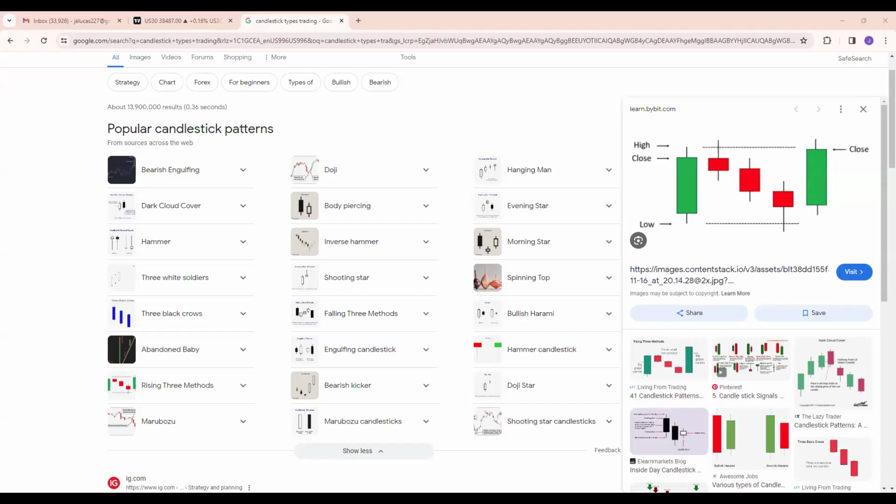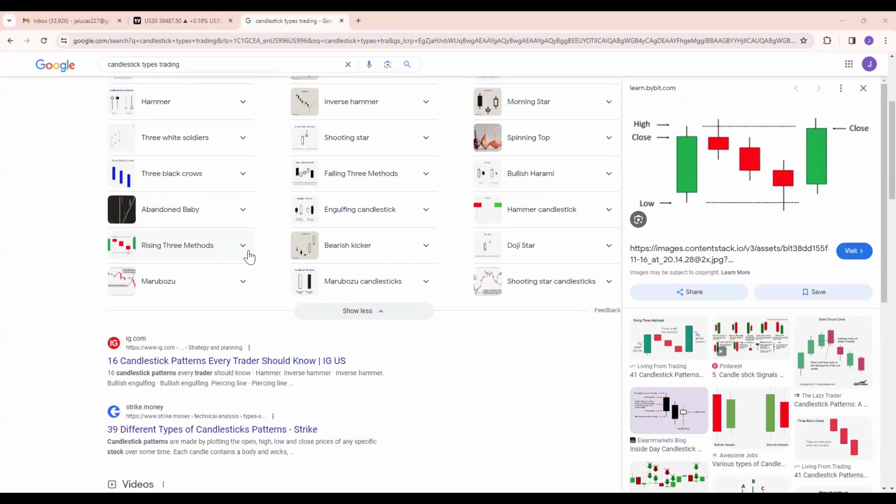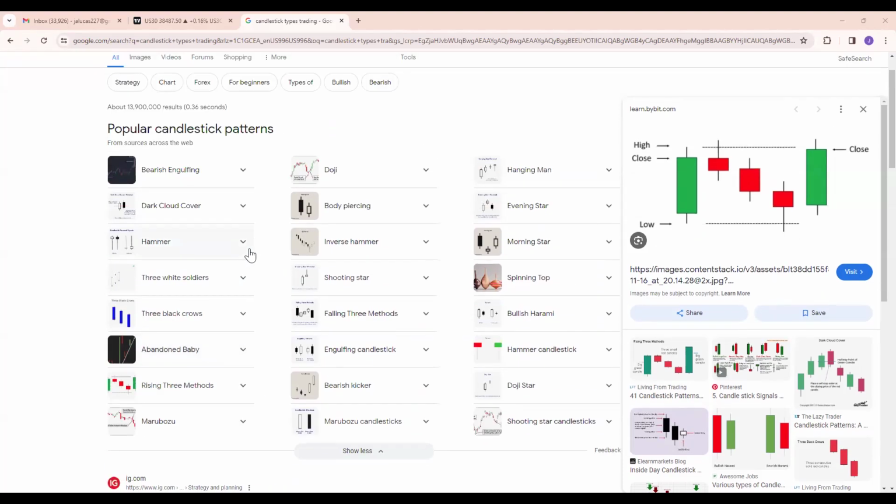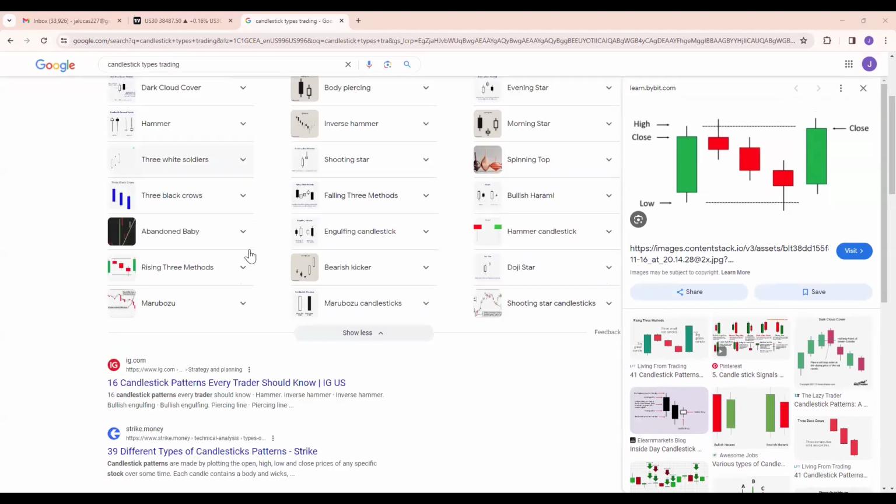Okay. So when we're looking at different types of candles, I just want to give a high level overview of different types of candles real quick. I can't cover all of these, but I can cover the ones that I feel like are most common.